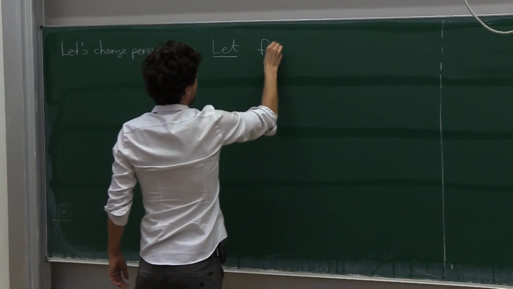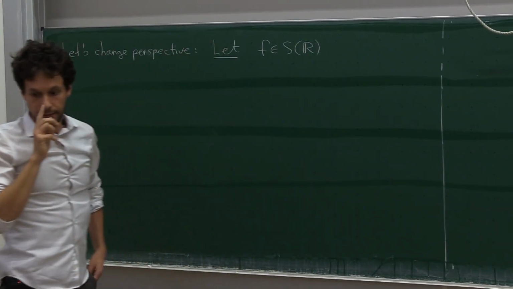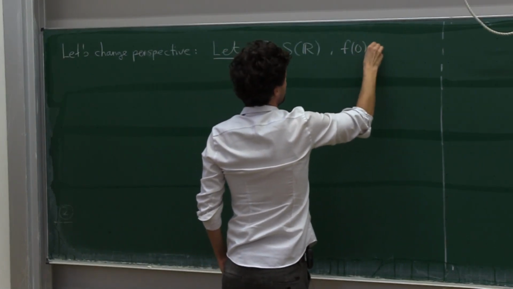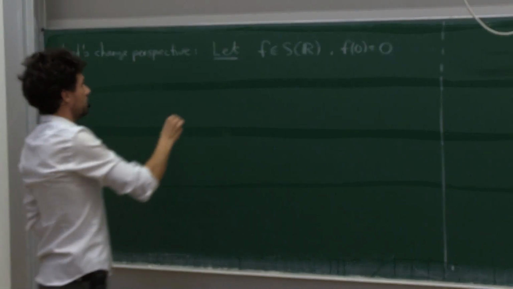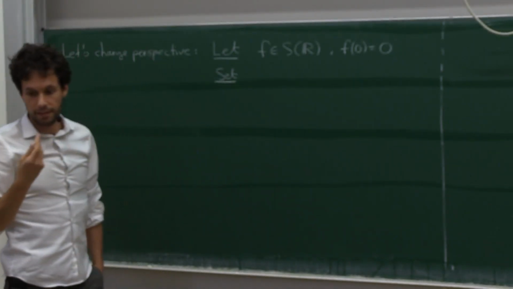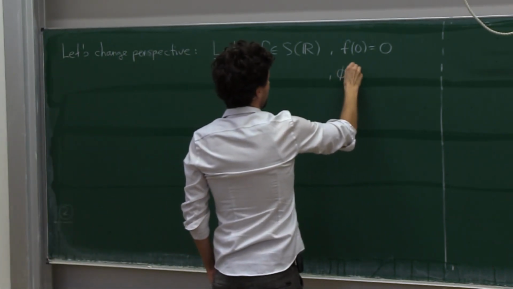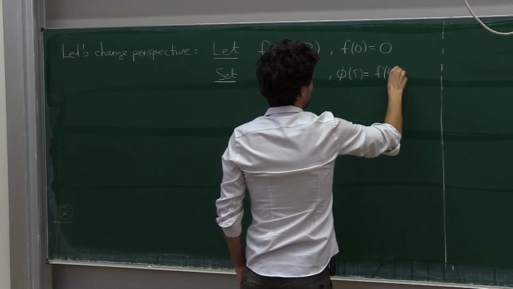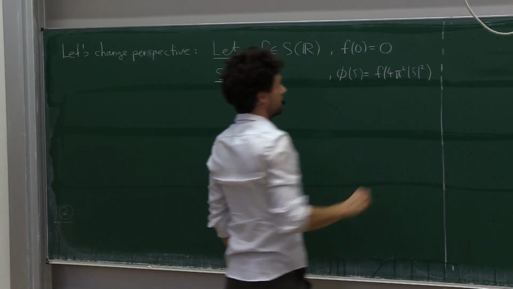Okay, and so to this end, I start with a Schwartz function on the real line, and I suppose that f of 0 is 0. Okay, and if I have a Schwartz function on the real line, then I can define a new function, phi of xi to be f of 4 pi squared, absolute value of xi squared.